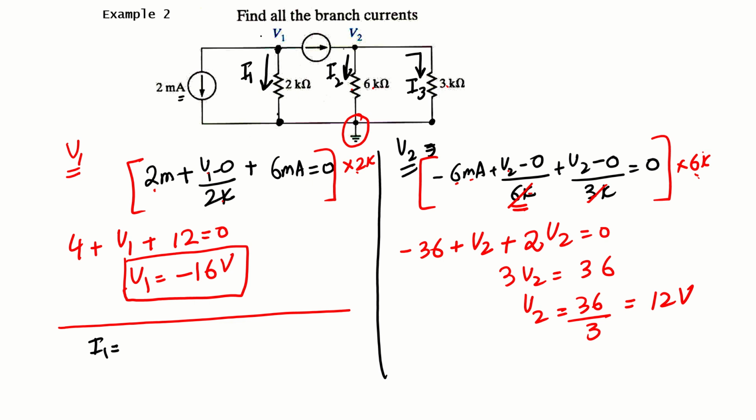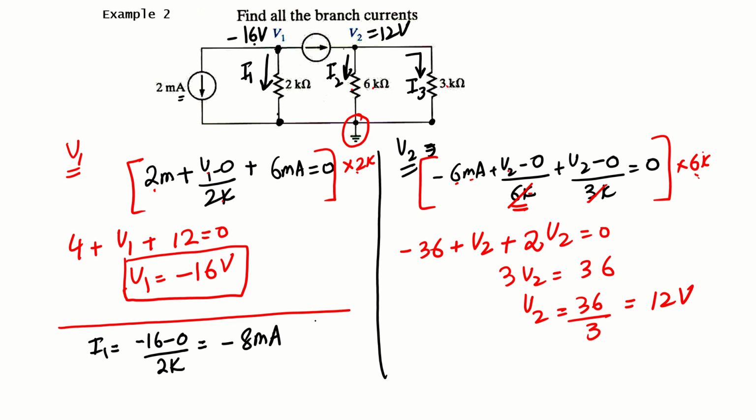What is V1? V1 comes out to be minus 16 volt. What was V2? V2 comes out to be 12 volts. So let's find the current. Difference of nodal voltages, minus 16 minus 0 divided by 2k. So minus 16 divided by 2k comes out to be minus 8 milliampere, so k will be changed to milliampere.